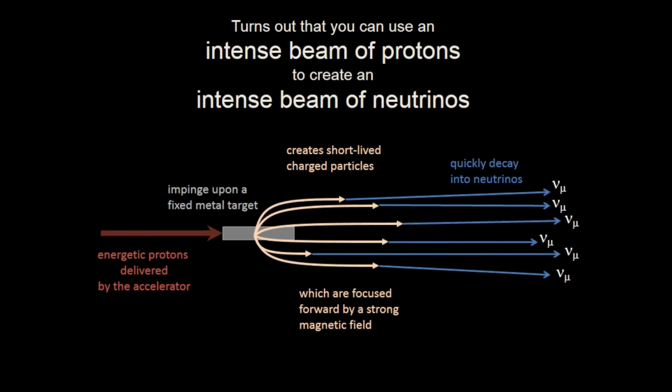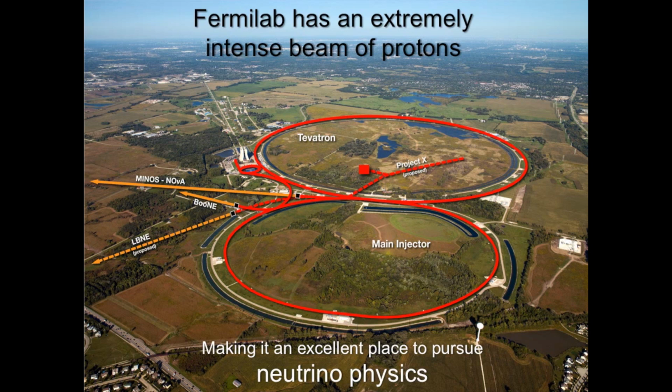So basically, you can convert a high number of protons slamming into a target into a high number of neutrinos focused forward. And it turns out there's a great place to do that about 40 miles west of here, because there's a great proton beam at Fermilab. So Fermilab currently creates 2 of these beams and is designing and planning to build a third one, using the protons to convert into these really intense neutrino beams.